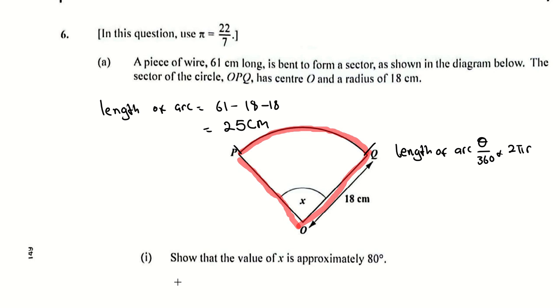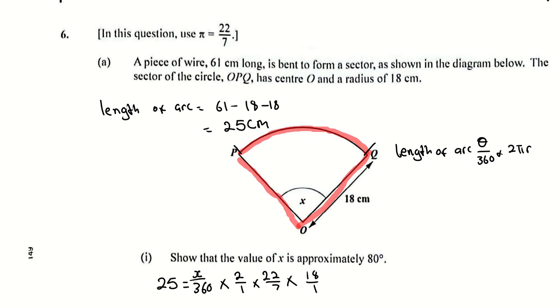So we know that 25 is equal to x over 360, since we don't know what theta is, multiplied by 2 over 1, multiplied by pi, which they told you is 22 over 7, multiplied by the radius of the circle, guys? 18 over 1.